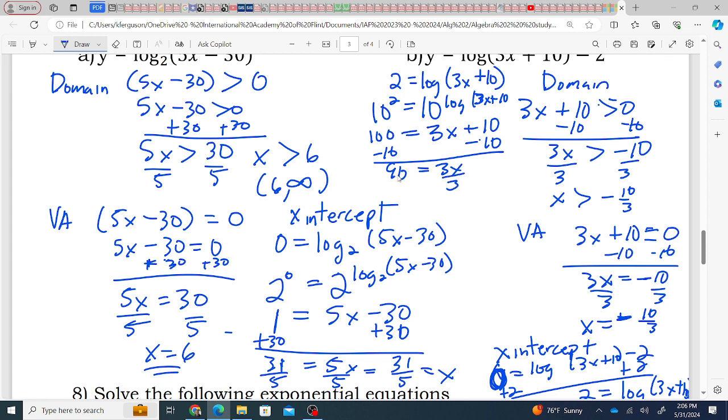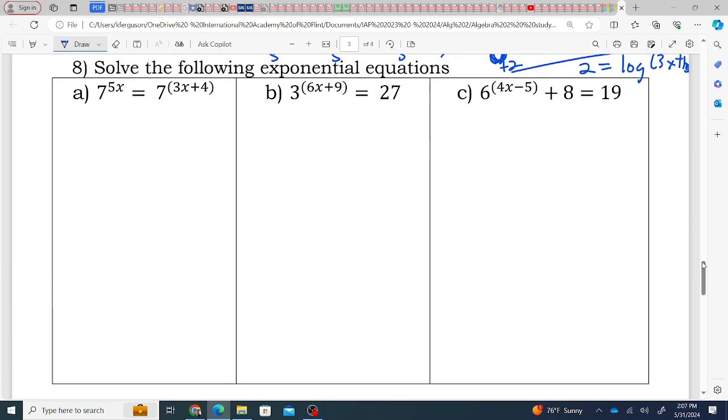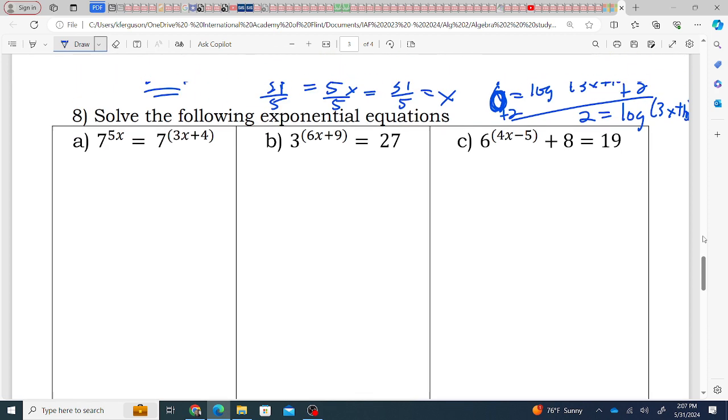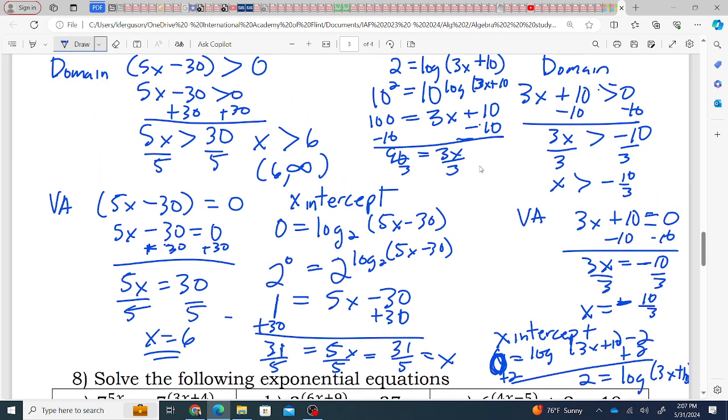I divide by 3. Oh, I'm sorry, I didn't do it. x equals 30. 90 divided by 3.